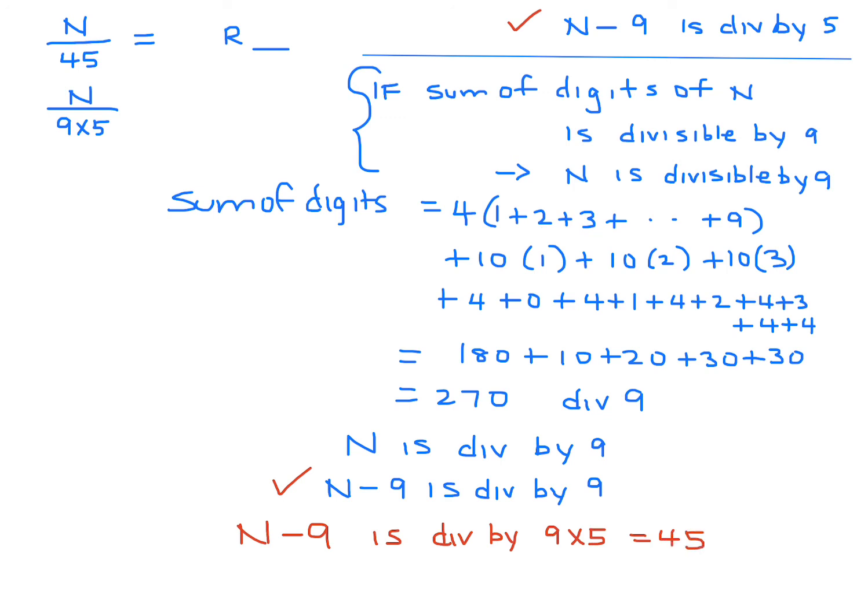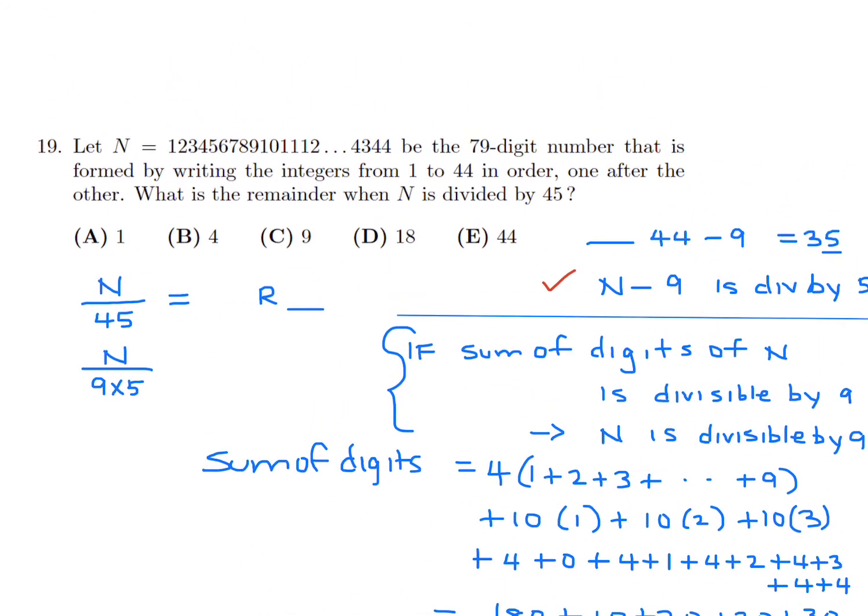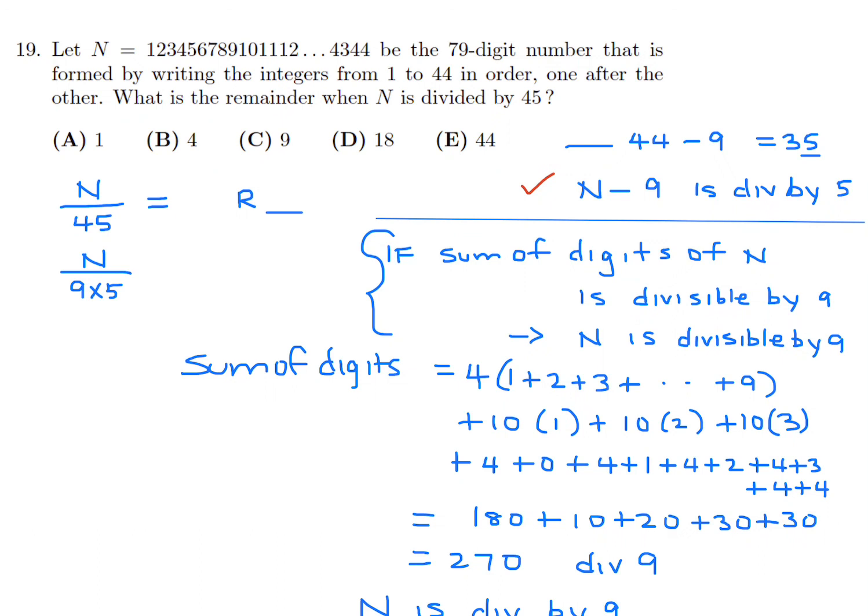So n divided by 45 would give a remainder of 9, since 9 is what would be left over from the value n. Interesting question. Number 19, the answer is C.